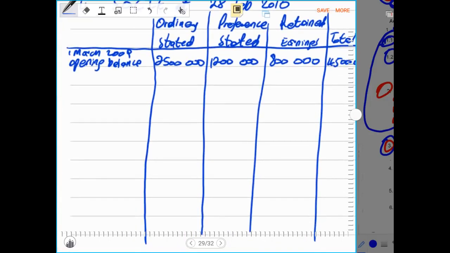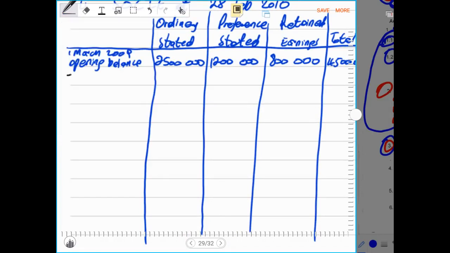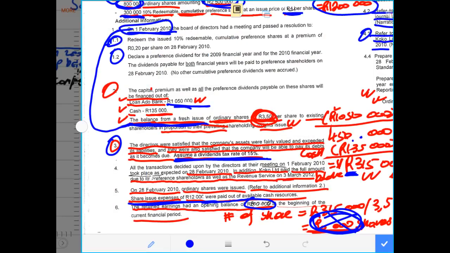Let us start with the total comprehensive income, which is the profit. In fact, our total comprehensive income was an amount of 700 and something.